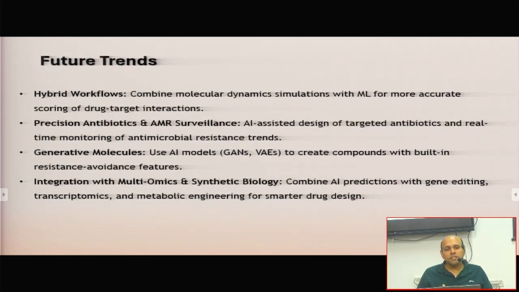So future trends are moving in the direction of hybrid workflows, combining MD simulations with ML for accurate scoring of drug target interaction, precise antibiotics and AMR surveillance. Sometimes we do predictive modeling.